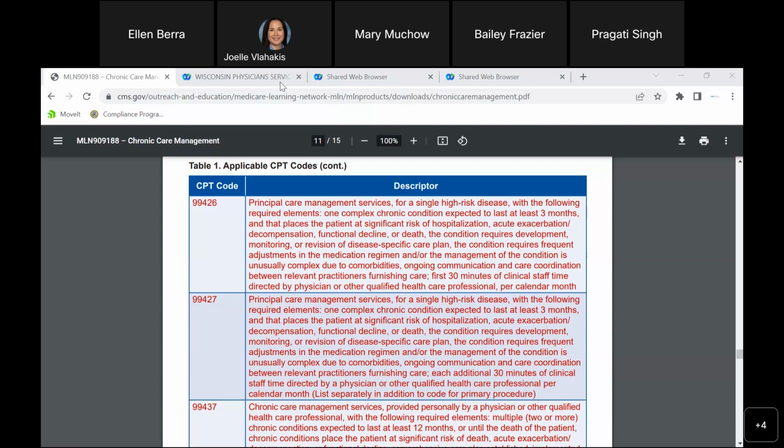Thanks. The next question, can enrollment take place on a call with a prior visit without CCM services being mentioned in those office notes? Yes.